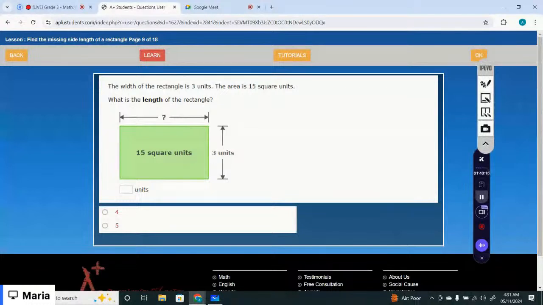What is the width of the rectangle is 3 units. The area is 15 square units.